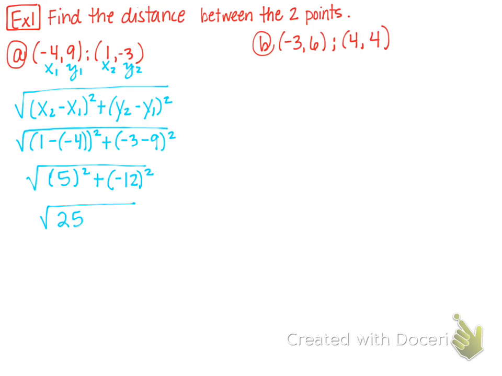Make sure that when you plug the negative 12 squared in your calculator that you put negative 12 in parentheses. If not, it's going to give you the wrong answer. You should get 144. Positive, not negative. So when we add those, we get 169. And in your calculator, if you take the square root of 169, you get 13. And our distance is 13 units.